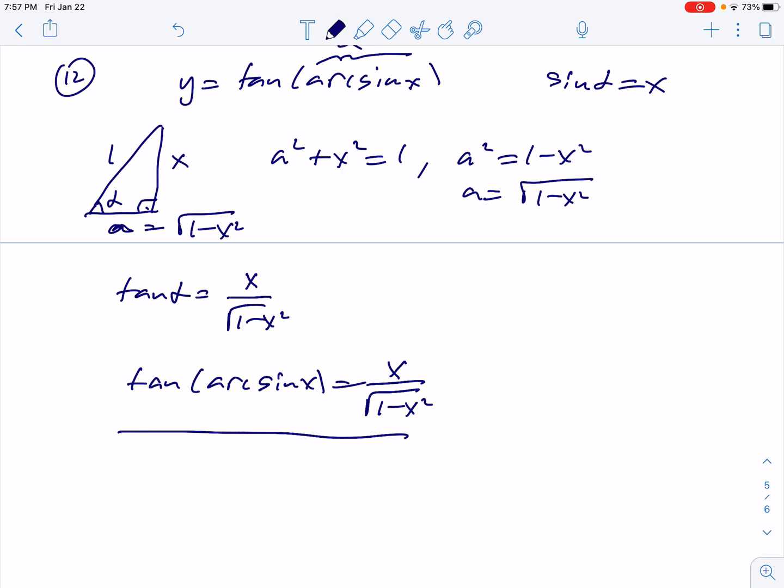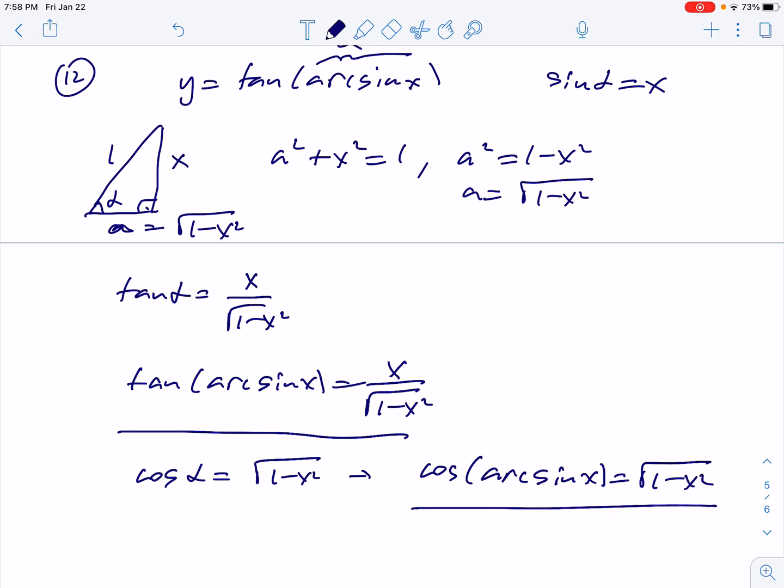We also found from here, because we have the right triangle, that cosine alpha is adjacent to hypotenuse, which is root 1 minus x squared. And this tells me that cosine of arc sine x equals root 1 minus x squared. This identity is true for every x between -1 and 1.